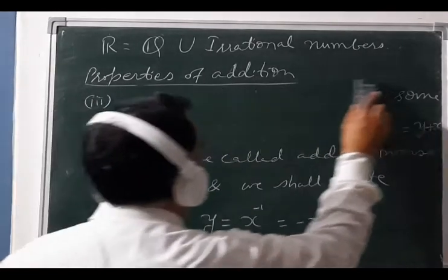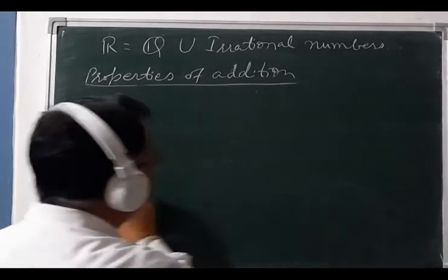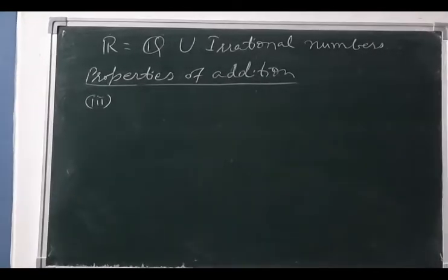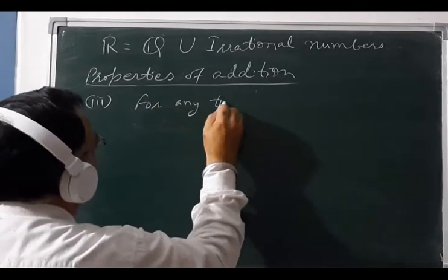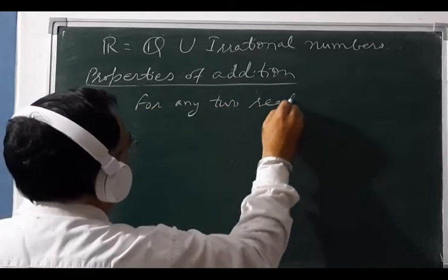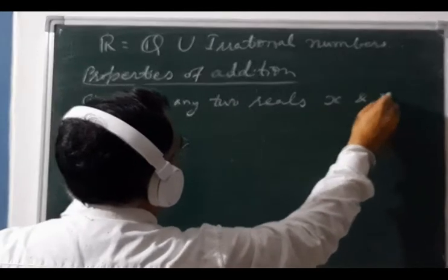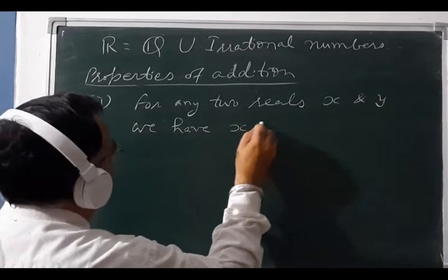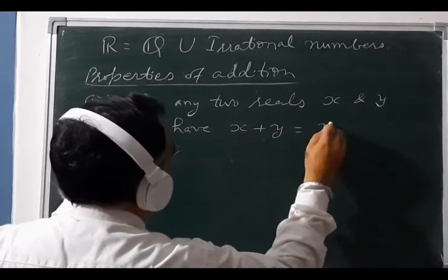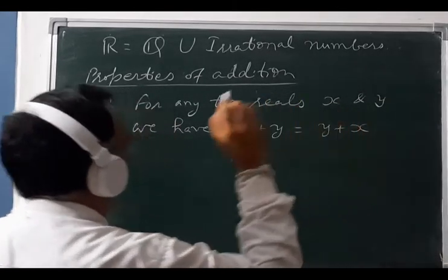The fourth property is commutativity. For any two reals x and y, we have x plus y is equal to y plus x.